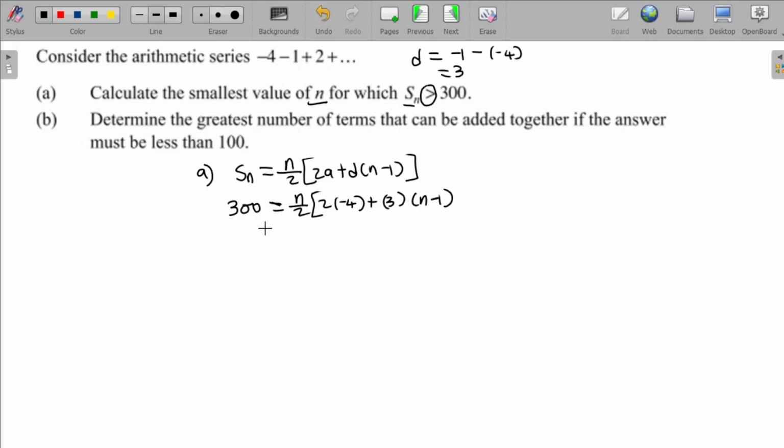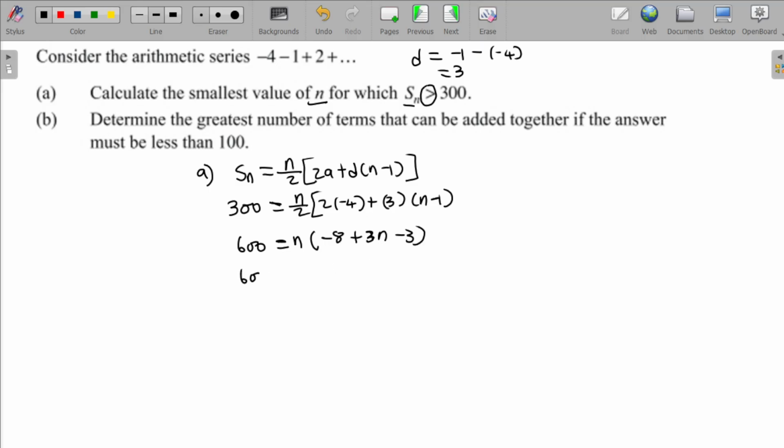Again, cross multiplication, or you times by 2 there. So 300 times 2 gives us 600, equal to n into 2 times negative 4, which is negative 8, plus 3n minus 3.